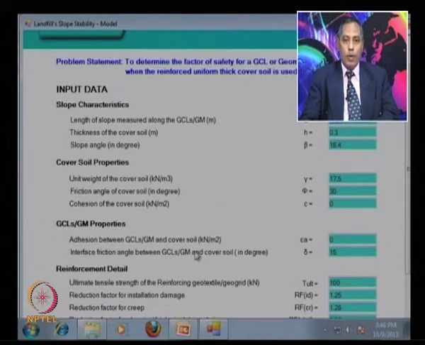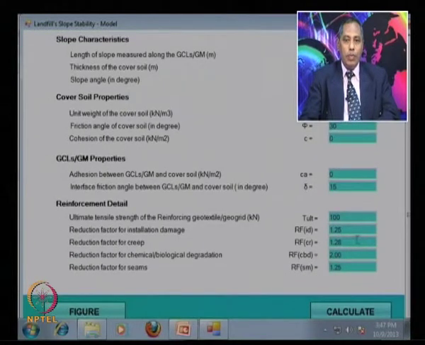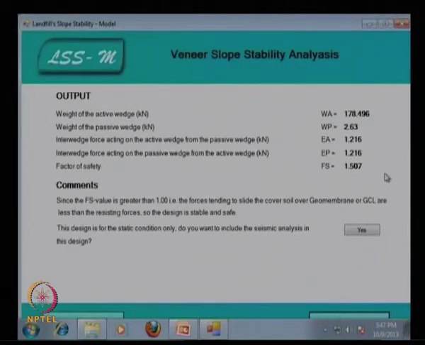Cover soil property is given, that is gamma is 17.5, phi is 30 degree, and the cohesion value is equal to 0. Geotextile geomembrane property Ci is equal to 0, delta is equal to 15, and here the reinforcement detail is given with 100 ultimate tensile strength. These are all the reduction factors, and then you can calculate and determine the factor of safety.